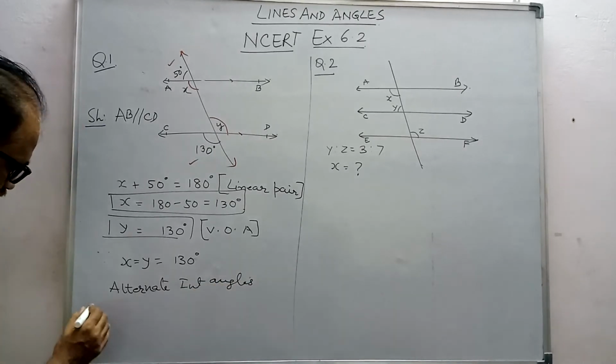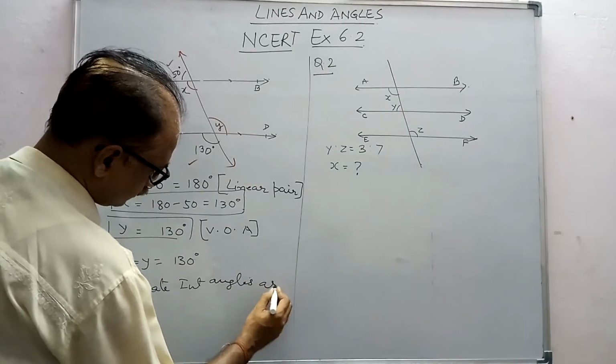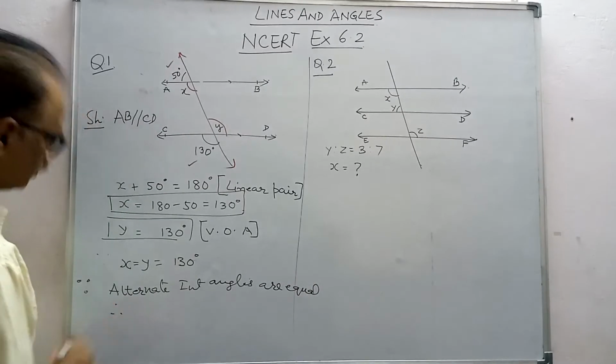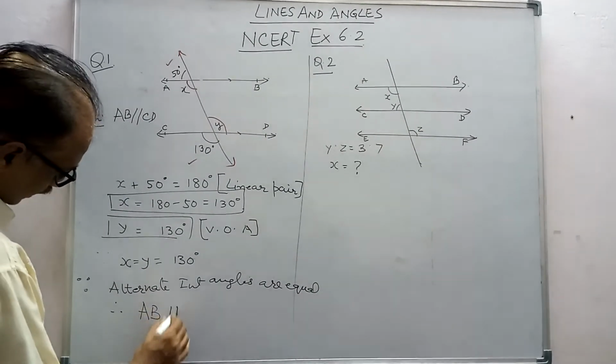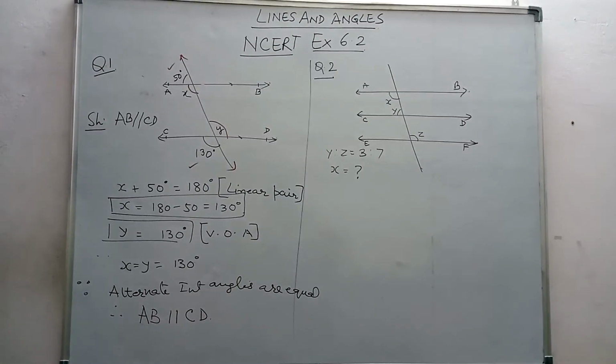And since alternate interior angles are equal, therefore line AB is parallel to CD, and that proves your result.